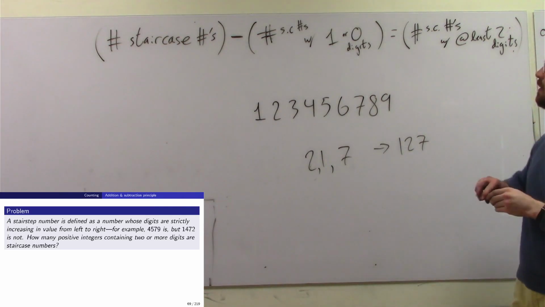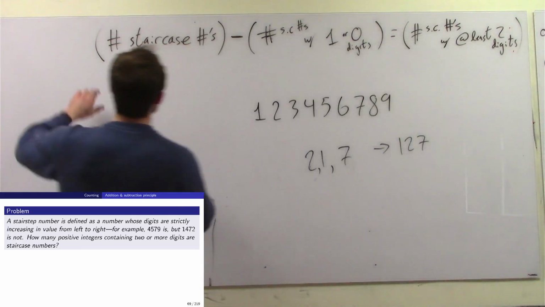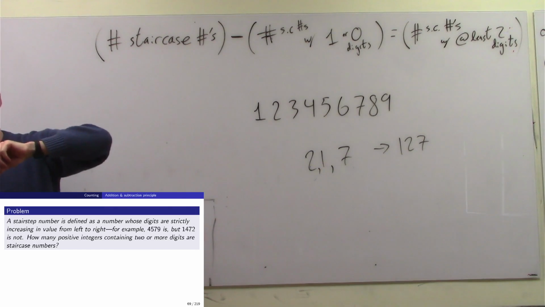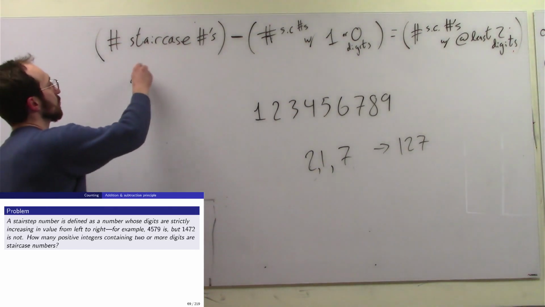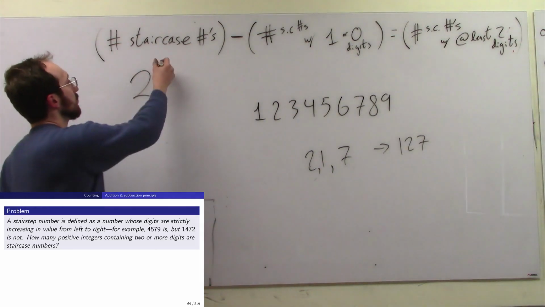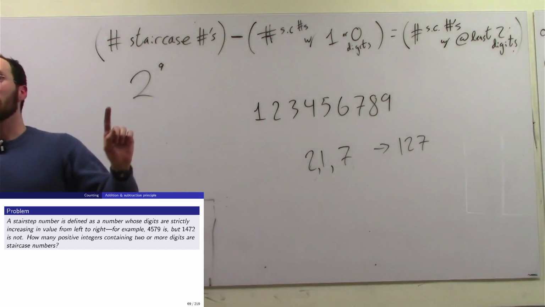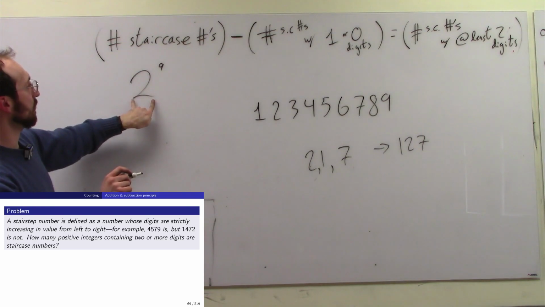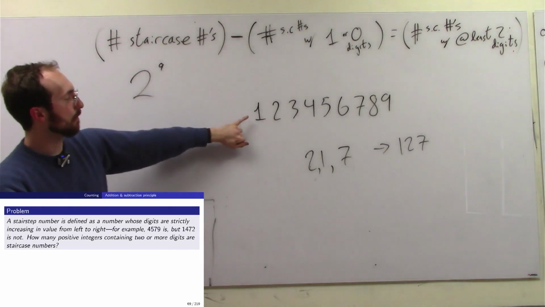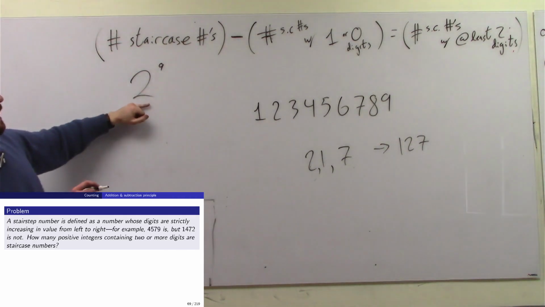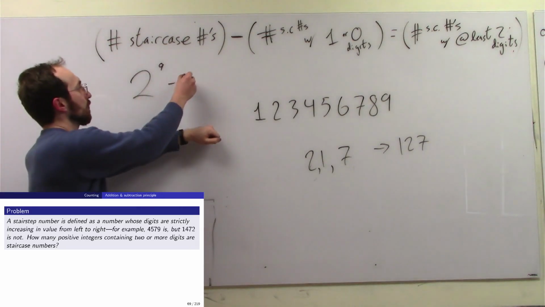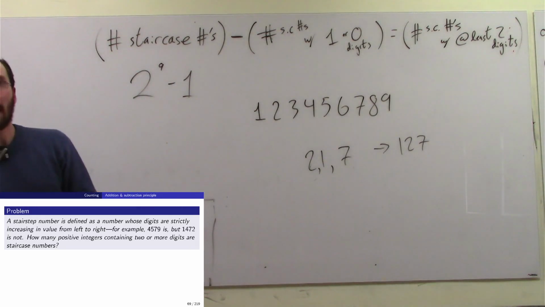So the number of staircase numbers is 2 to the 9. Careful. If we're counting all of these choices, 2 to the 9 also includes when I haven't chosen anything, so let's make sure to clear that away.